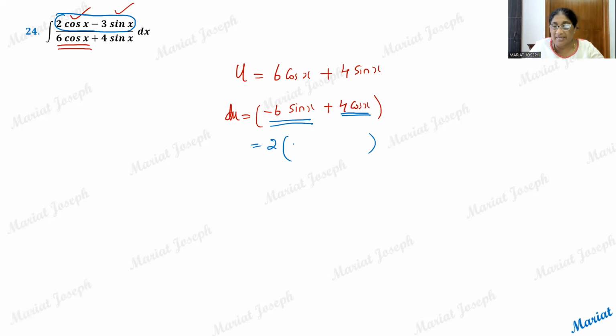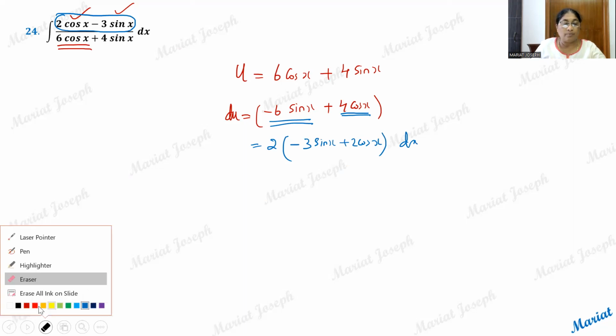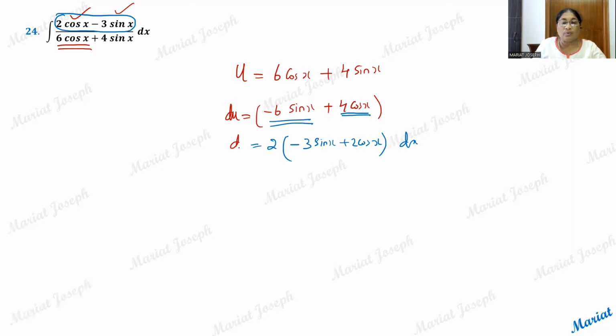So if you take minus 2 common, what is it coming? Minus 3 sin x plus 2 cos x into dx. So the only extra thing is that extra 2. So this is what du is. Therefore, du upon 2 equals this bracket.